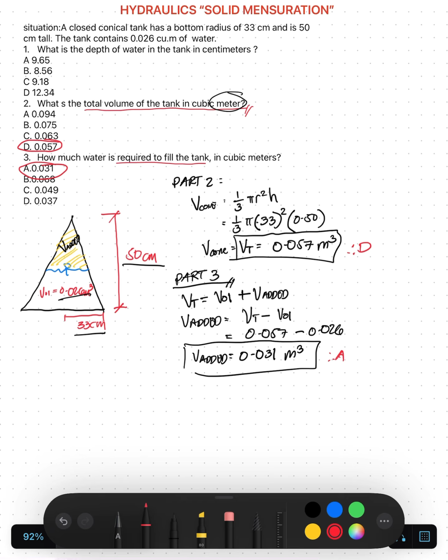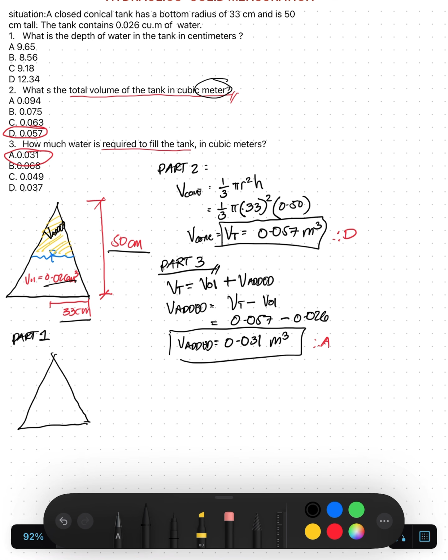Now for part 1, we need to use similar solids. We can say that this particular solid is similar to this particular solid.